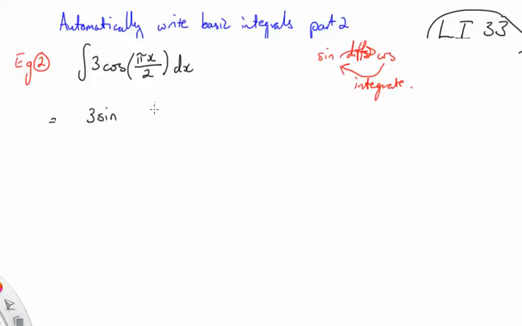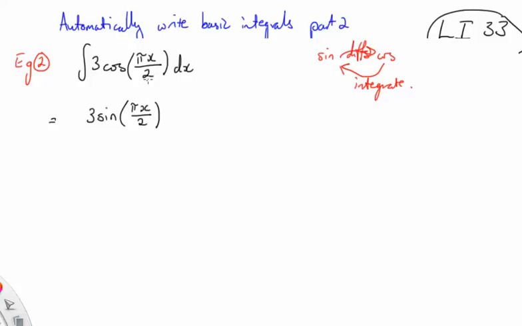Alright. What else do I know? Well, I know what's in the brackets stays the same. And I know that I divide by the coefficient of x.